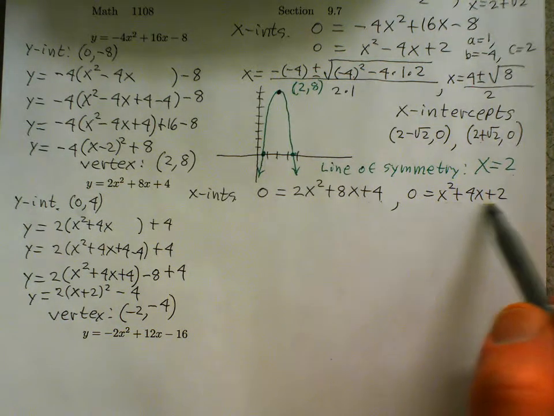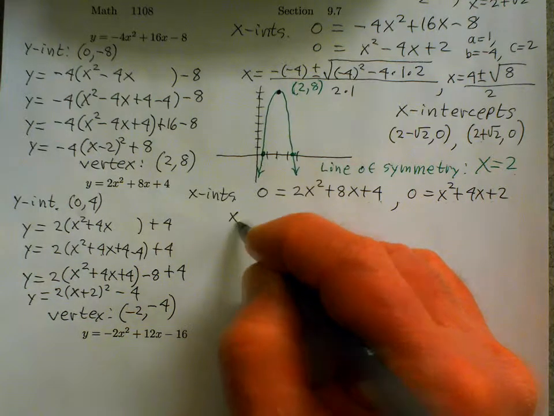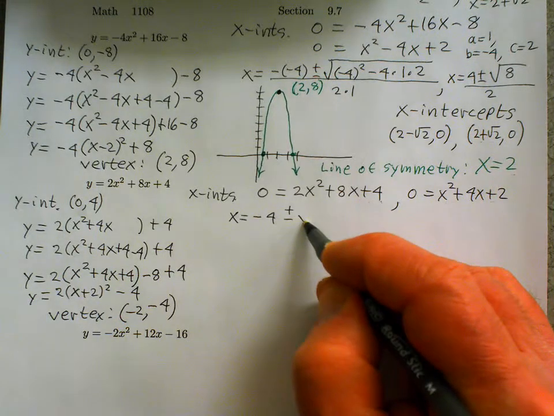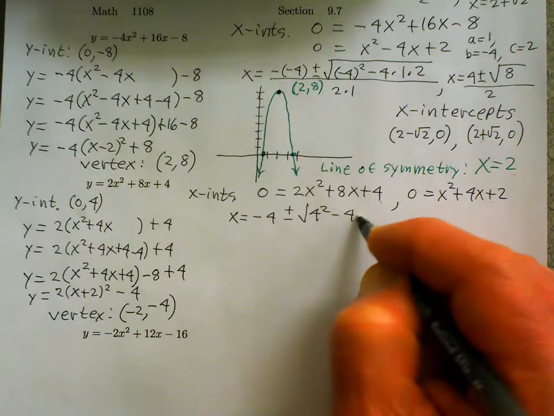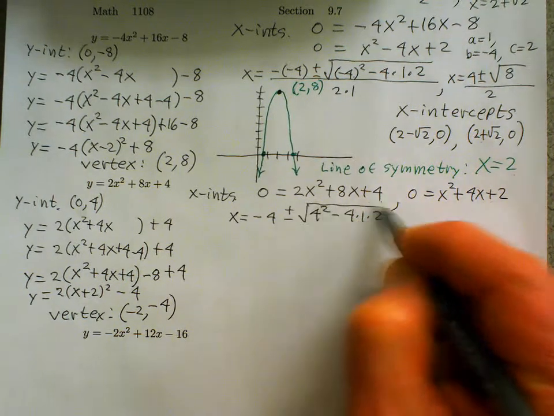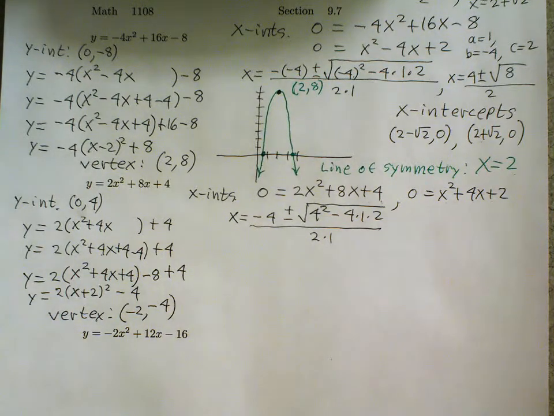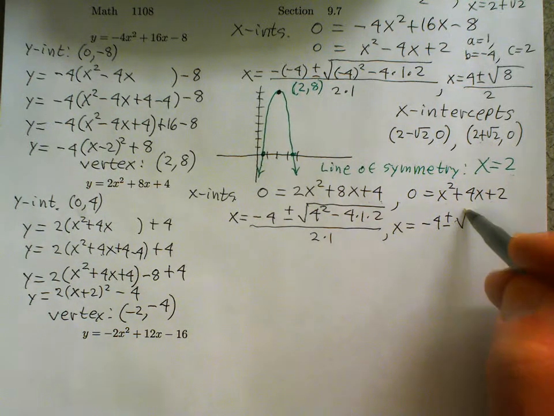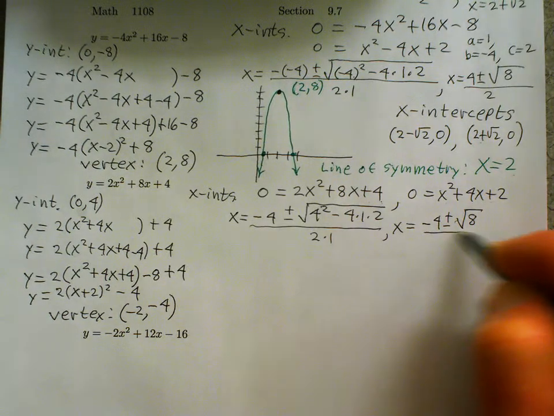We can't factor this with integer coefficients, so we'll use the quadratic formula. We get x equals -4 plus and minus the square root of 4 squared minus 4 times 1 times 2, all divided by 2 times 1. And then we get x equals -4 plus and minus the square root of 16 minus 8, which is the square root of 8, all divided by 2.